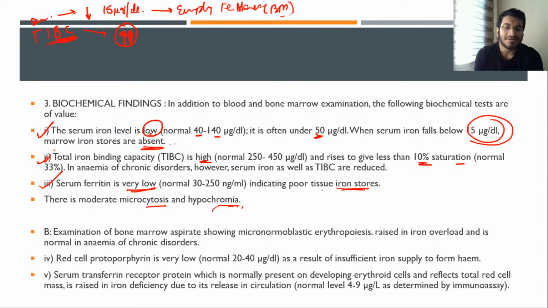And then serum transferrin receptor protein, which is normally present on the developing erythroid cells and reflects the total red cell mass, is raised in iron deficiency due to release into the circulation; the normal level is 4 to 9 mg per liter. [Hindi:] So your precursor cells will start getting released for the compensatory changes.